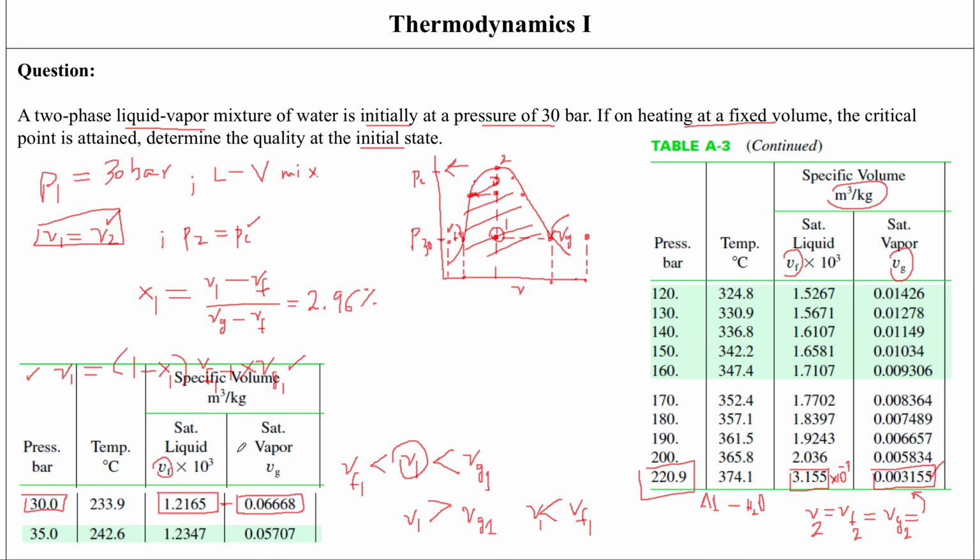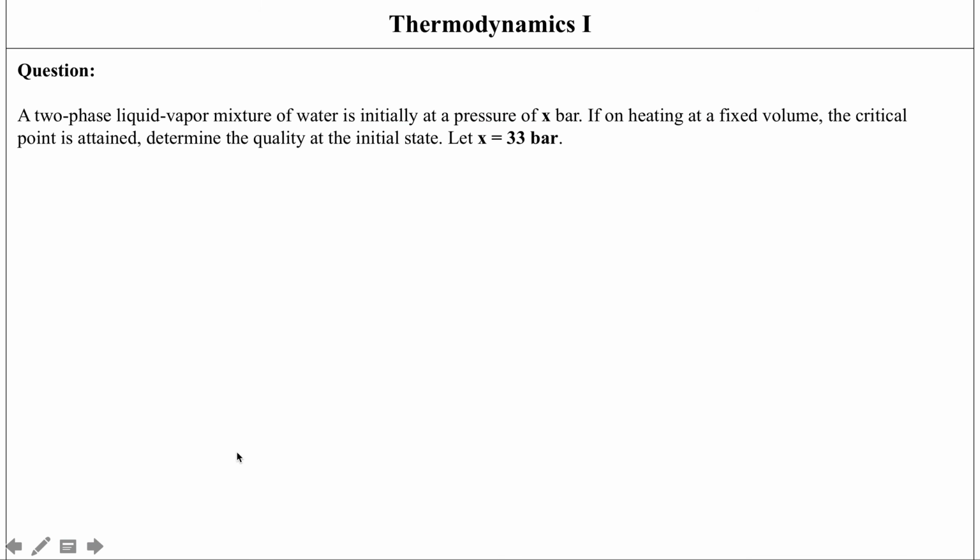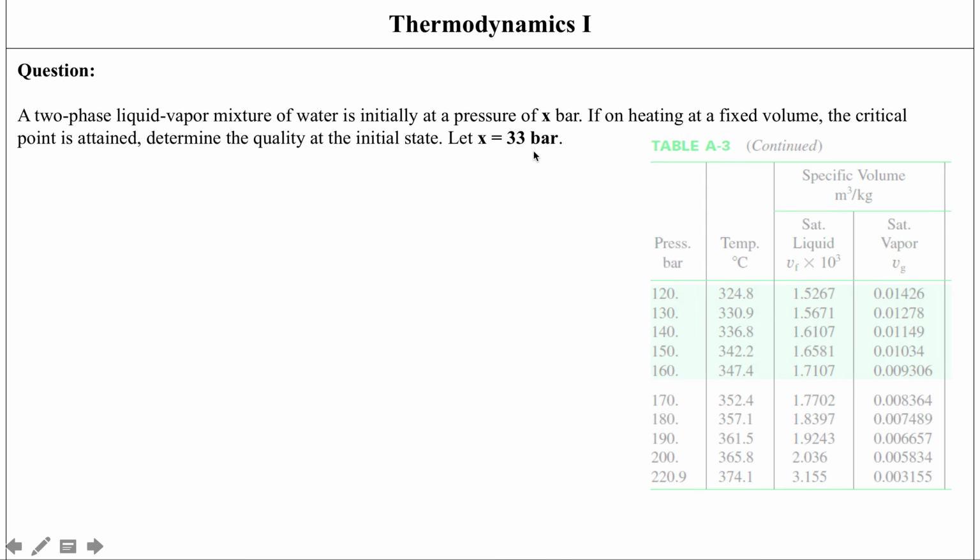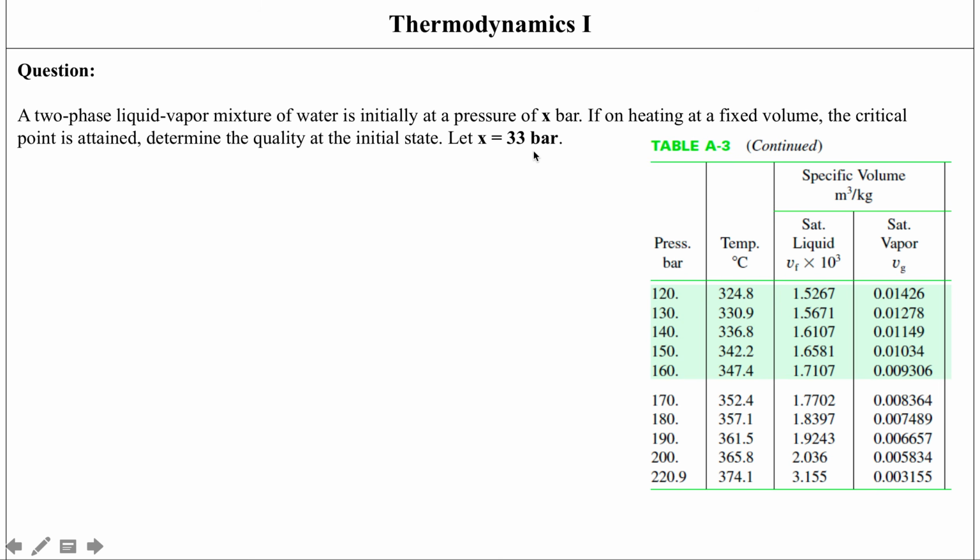The second question is going to be a bit similar to it, but instead of 30 bars, we're looking at 33 bars. So obviously, the initial process is the same because that hasn't changed. What we have to do is that we're heating at a fixed volume, and the critical point is attained. So basically, P2 is equal to the pressure at the critical point, which is equal to 220.9 bar for water.